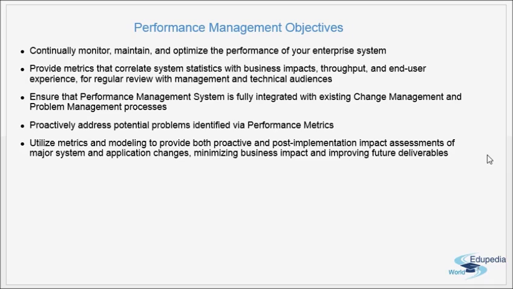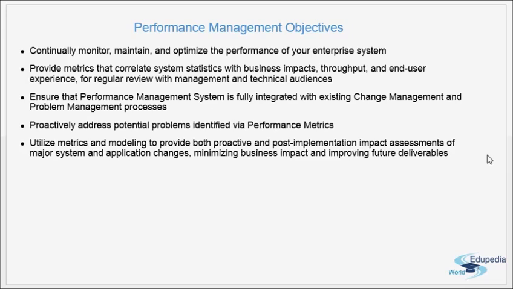And you should have a regular review with the management and the technical teams. Ensure that the performance management system is fully integrated with the existing change management and problem management process.